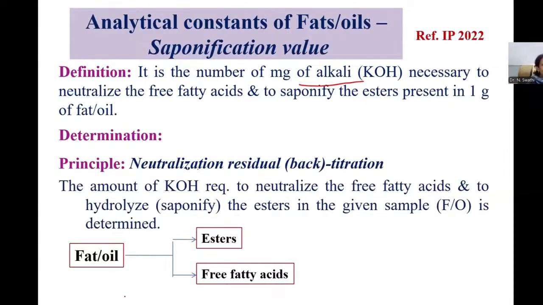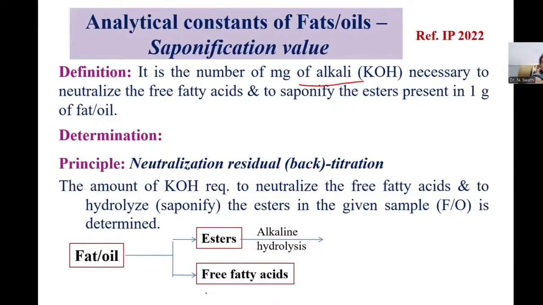So let us see what we are going to determine in this saponification value. Fat or oil are nothing but triglycerides. That means they are triesters. And they also sometimes consist of free fatty acids as an impurity, which is the main one responsible for rancidity or adulteration of the given sample, which I explained under acid value determination. Now, the esters present in the given sample of fat or oil can be subjected to alkaline hydrolysis.